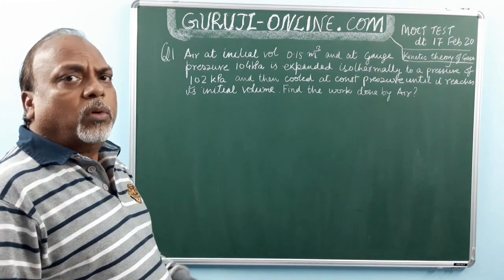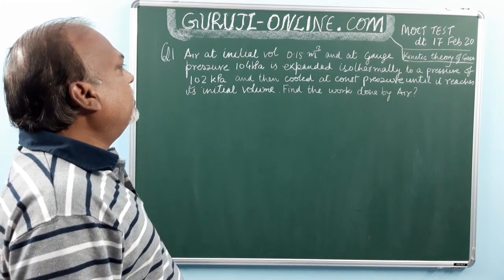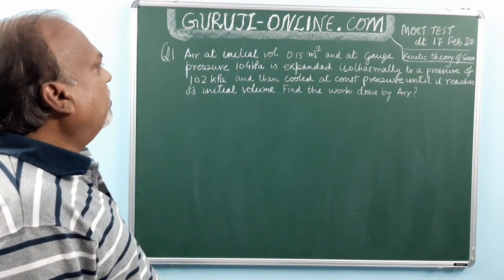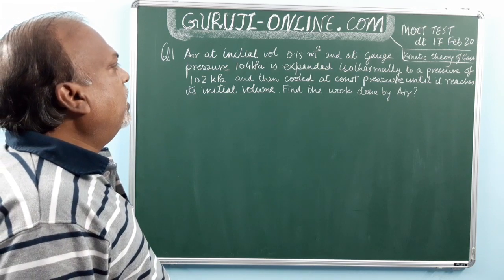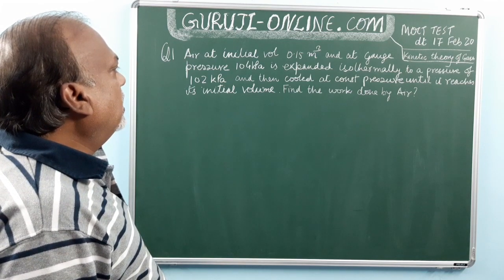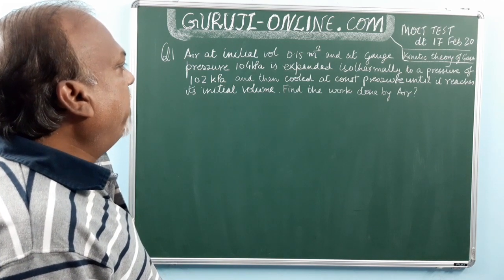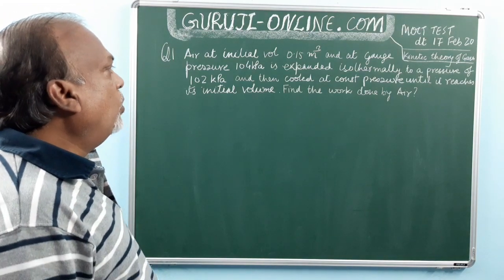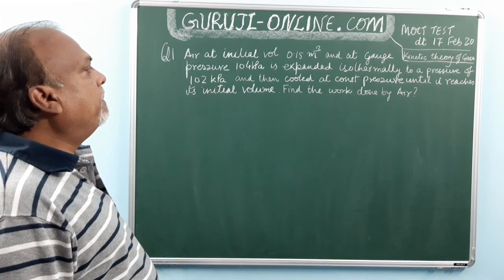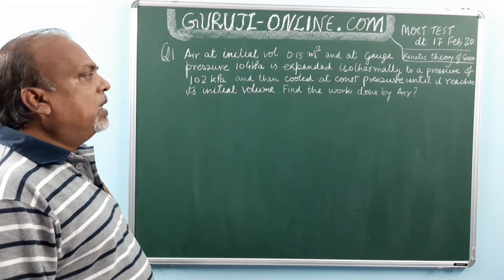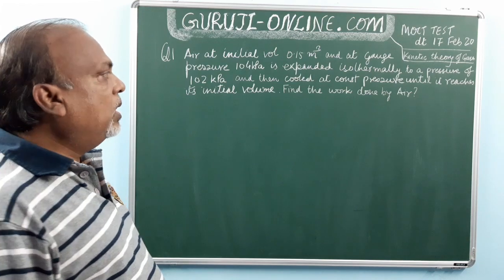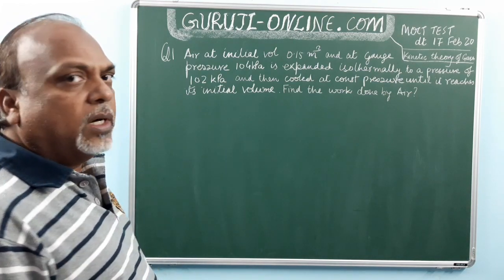So, this is the first problem, and it says air at initial volume 0.15 meter cube and at gauge pressure 104 kilopascal is expanded isothermally to a pressure of 102 kilopascal and then cooled at constant pressure until it reaches its initial volume. So we have to find out the work done by the air.